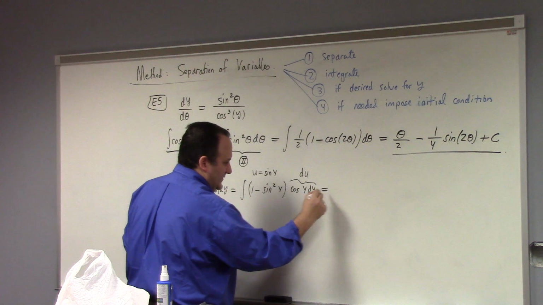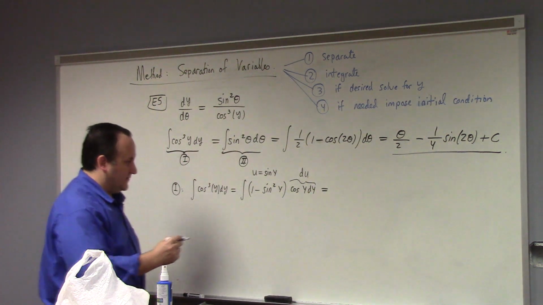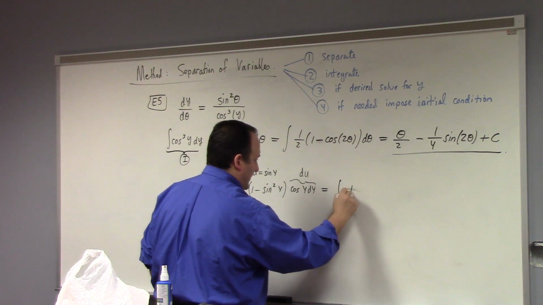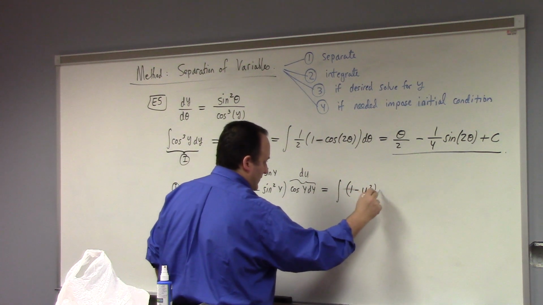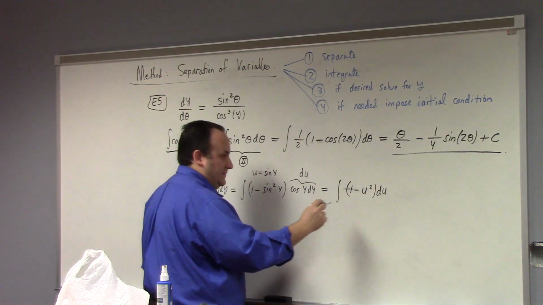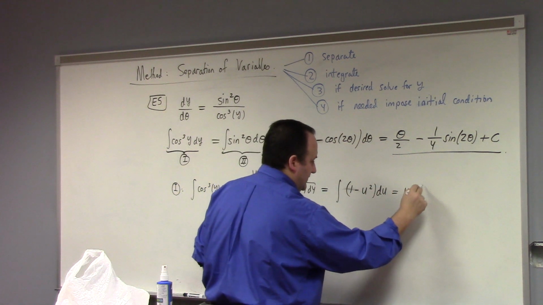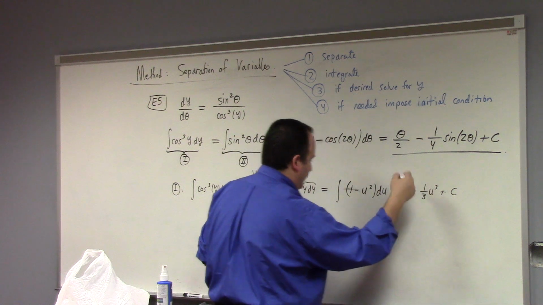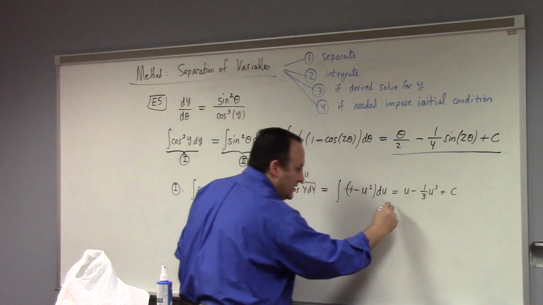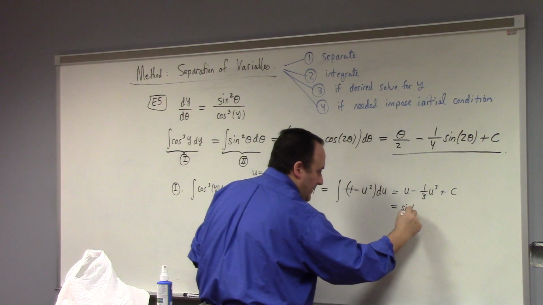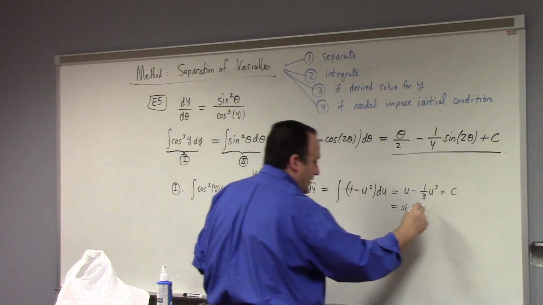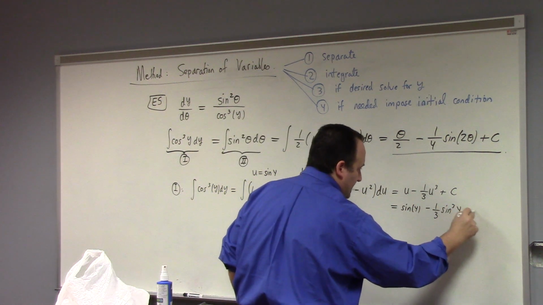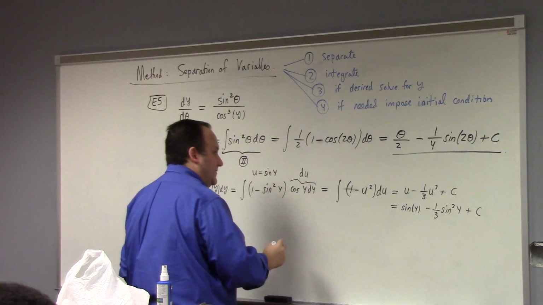With that substitution, you're up against the integral of 1 minus u squared du, also known as u minus 1/3 u cubed plus a constant. But you've got to put back in your u. So we've got sine of y minus 1/3 sine cubed y plus a constant.